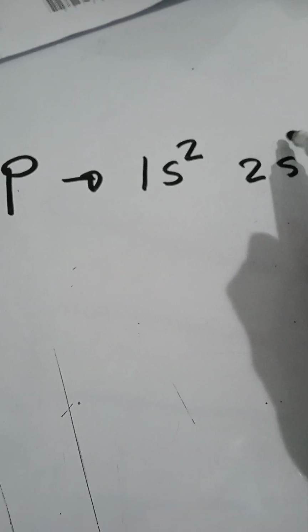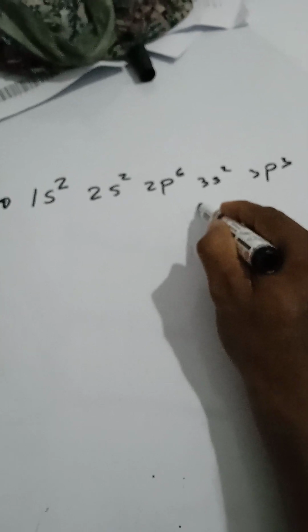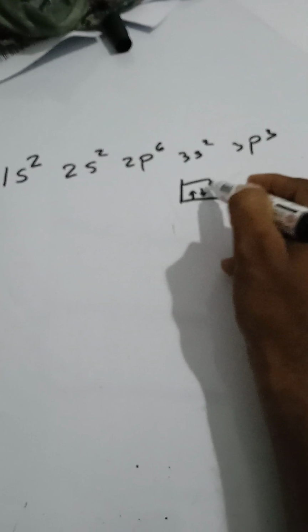Okay, now phosphorus. The atomic number is 15. So how do we write that? 1s2, 2s2, 2p6, that is 10. 3s2, 3p3. When I draw the last shell, 3s2, how many electrons? 2 electrons. 3p3, how many?